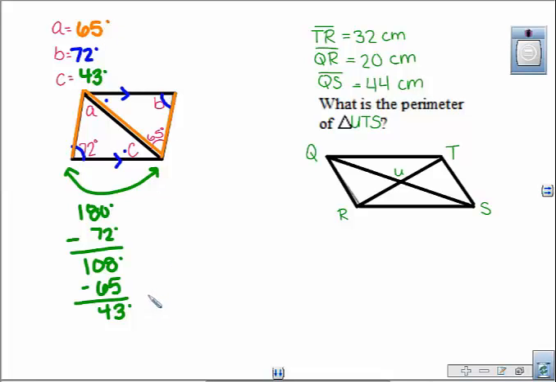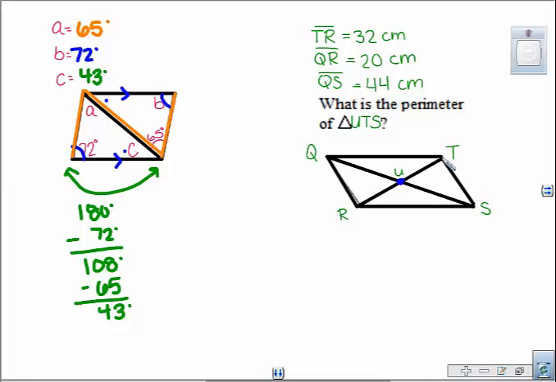Now on this second parallelogram, you're given the lengths of a few of the segments, TR. So from T all the way to R, that's this diagonal, is 32. And we know that the diagonals bisect each other. So right here, U is the midpoint of TR.